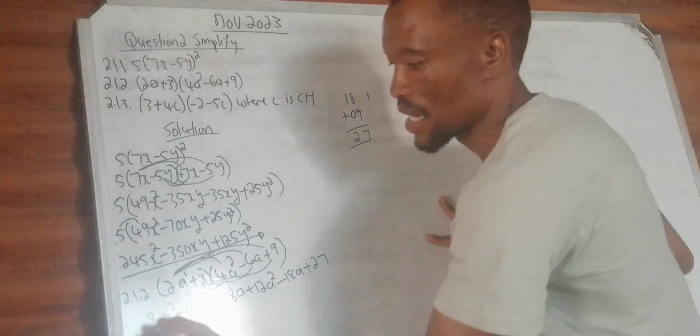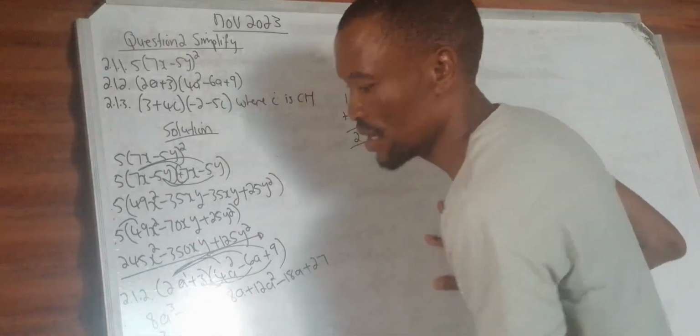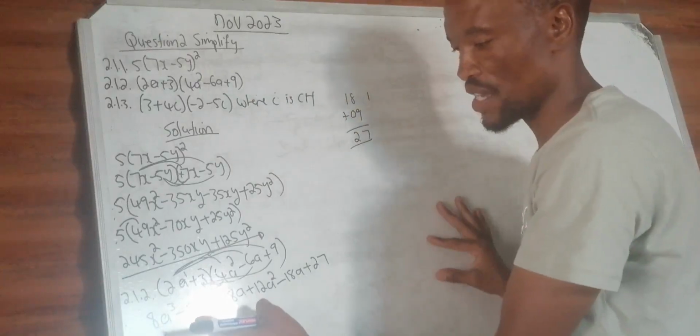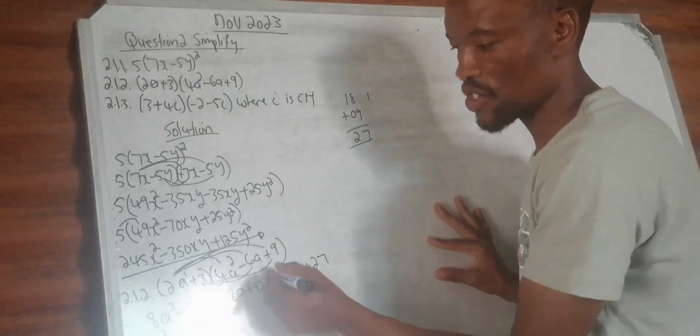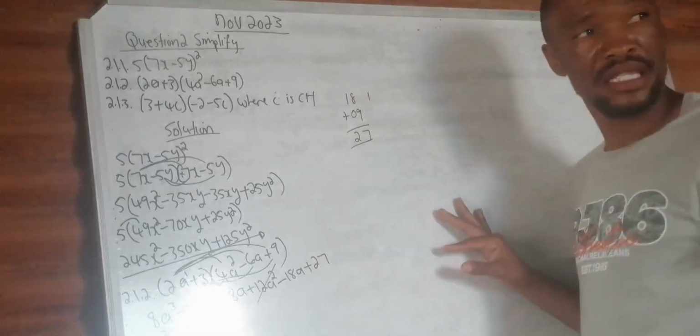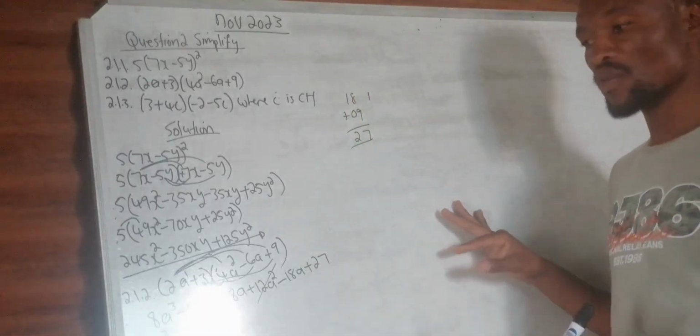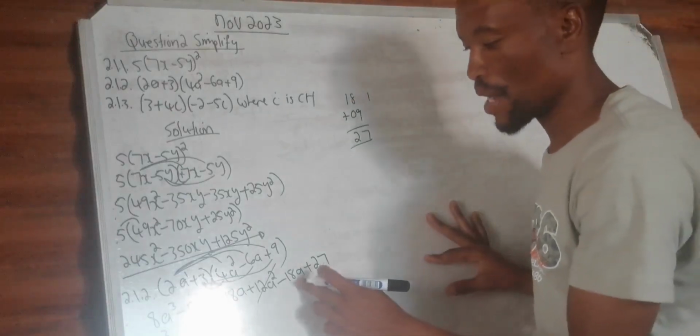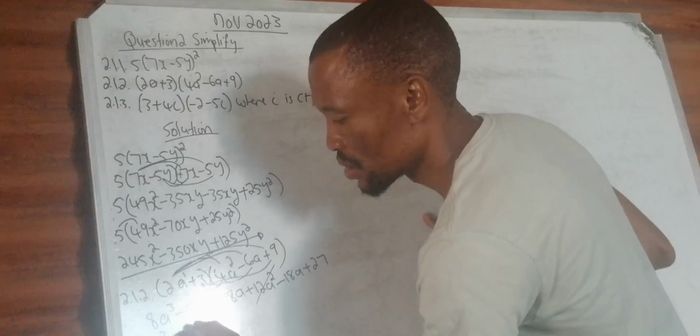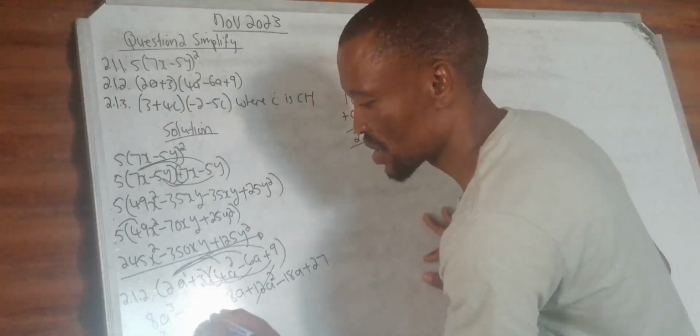Can I simplify this? Yes, we look for like terms. We have 8a cubed. Negative 12a squared plus 12a squared are cancelling, because one is negative and one is positive. Then minus 18a, then plus 27.